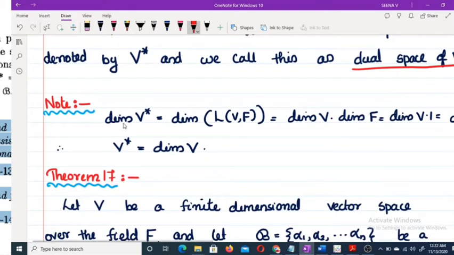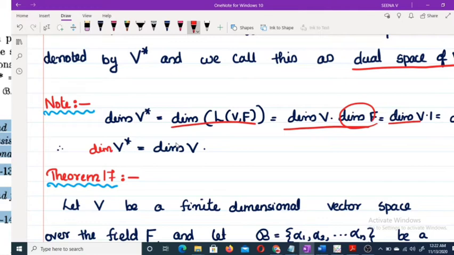Now we are going to prove the dimension of V star is the same as the dimension of V. The dimension of V star is the same as the dimension of L(V, F). The dimension of L(V, W) is the same as dimension of V into dimension of W. Therefore, here it is dimension of V into dimension of F, which is dimension of V into 1, because the dimension of a field is 1.